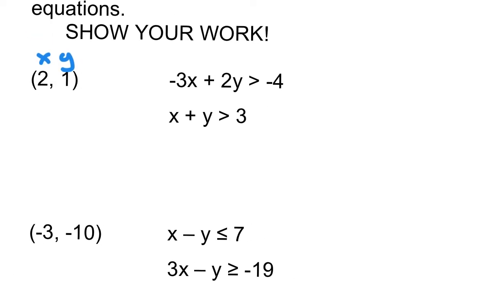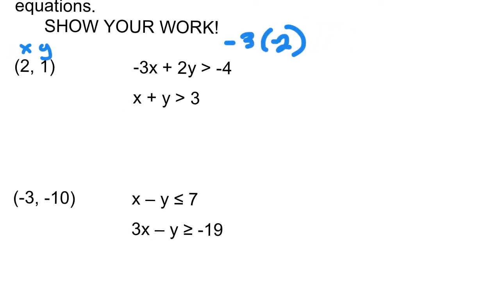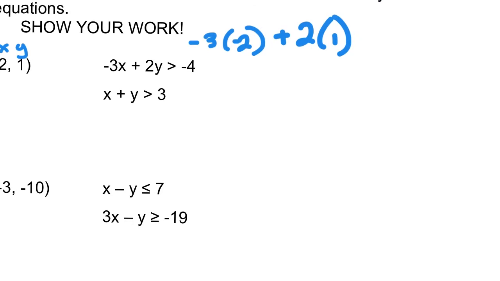So since it's an x and y value, we're simply going to substitute it into our inequality. So we have 3, and our x value is 2, plus 2 times y, our y value is 1, and it's greater than -4. We're trying to see if that is true or not.